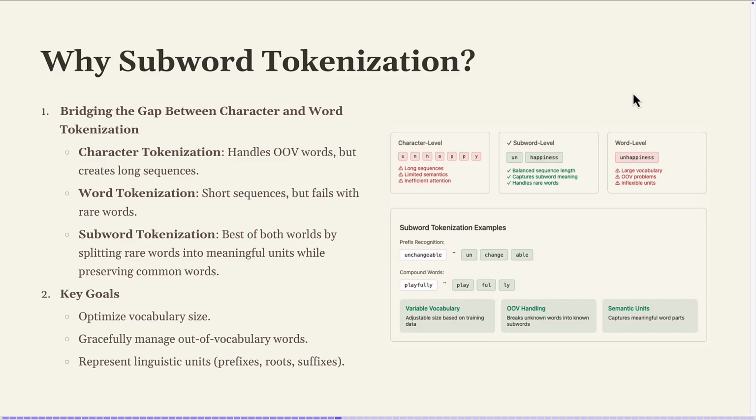And how is this done? Subword tokenization tries to subdivide the words by using prefix recognition or suffix recognition. For unchangeable, a good tokenizer will subdivide it into un, change, able, because these can be used, for example, in unconstrained, changeable, comfortable. It can be a suffix of several other words.